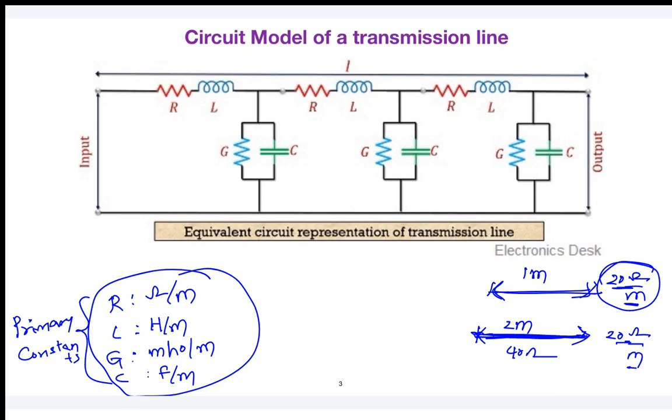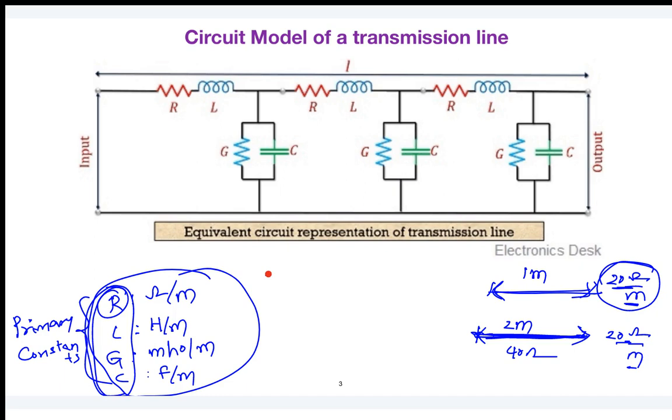So all these primary constants depend upon the overall length of the cable. As the distance increases, the overall resistance also changes. So in order to make a generalized relation, they mention all these primary constants with respect to unit distance. So don't get confused. Though the name indicates resistance, since it is of distributed nature, the resistance is mentioned per unit distance. And similarly L, G and C.